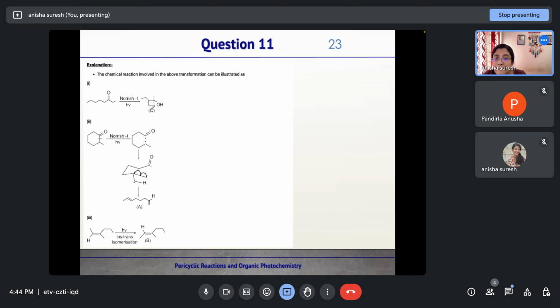This is C. So here a Norrish type 1 reaction will be taking place. So first alpha fragmentation will be taking place. Sorry, this is a Norrish type 2 reaction, right? Norrish type 2 reaction is taking place in the first case.